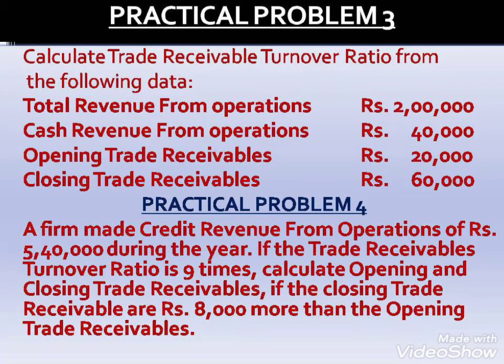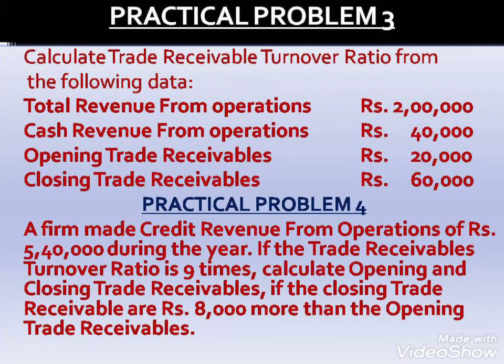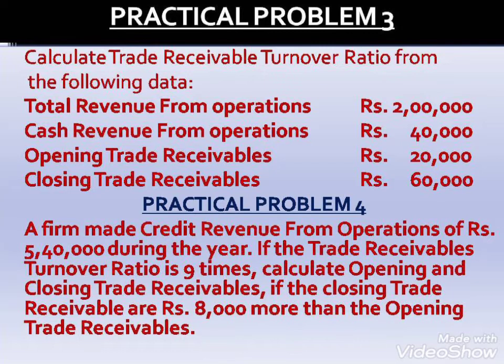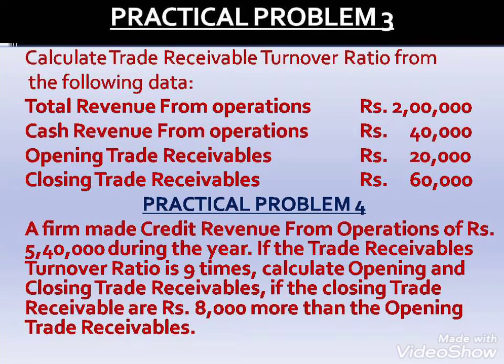Now, in practical problem 3, we have to calculate trade receivables turnover ratio from the given information. The information given is total revenue from operations, cash revenue from operations, opening trade receivables and closing trade receivables. And in practical problem 4, the statement is given: a firm made credit revenue from operations of Rs 5,40,000 during the year.